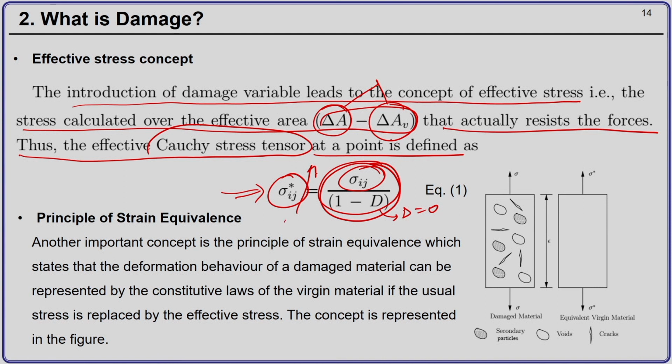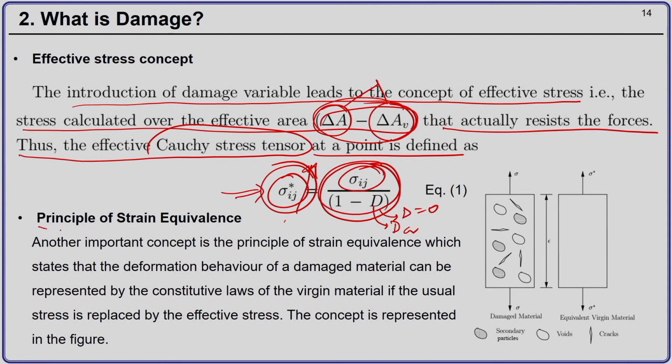In general it will not go to infinity, so we will usually set that D cannot cross a critical value. When D reaches a critical value, we will say that our body has failed. So, the total stress is actually carried by this much area which is able to resist the load.